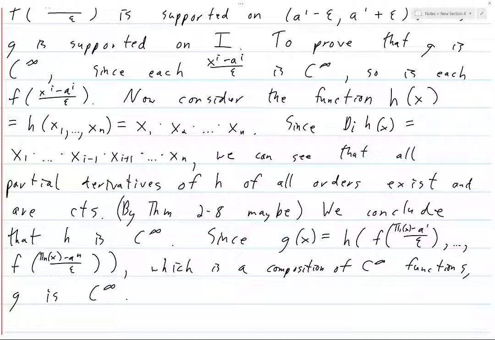So if you plug in an n-dimensional vector, then pi_i will return the ith coordinate of that vector. This is something that we've discussed in the chapter already, and we've proven that these projection functions are continuous. And have we proven that they're C infinity? They are, but I'm not sure if we've proven that.